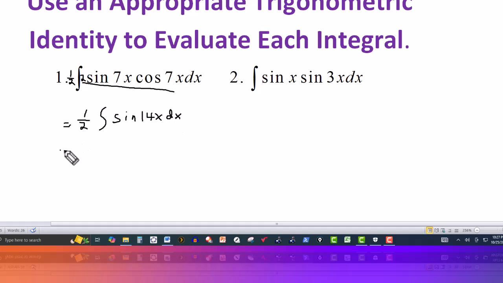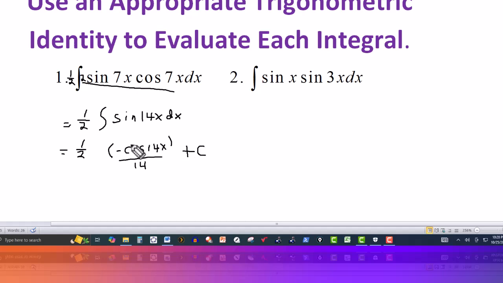Then it's just a simple integration here. This would be 1/2. That stays out there, and the integral of sine is minus cosine of the angle. In this case, it's 14x. But then the derivative of 14x is 14, chain rule in reverse, so this will be a 14 here. And then it's plus the constant of integration. And then you can check it here.